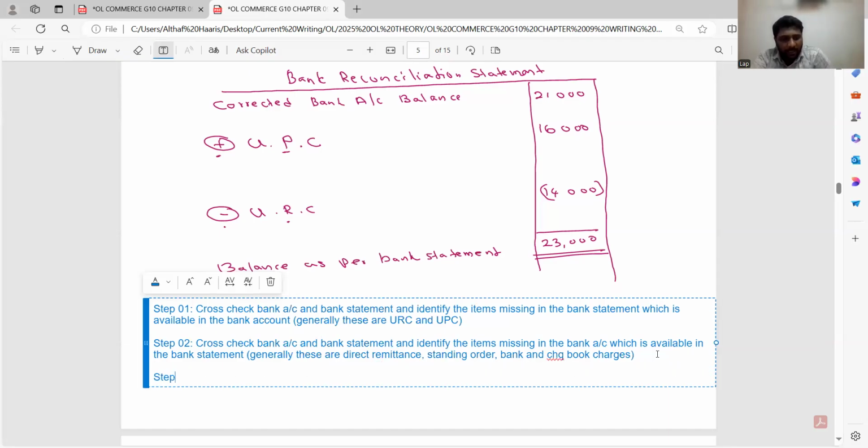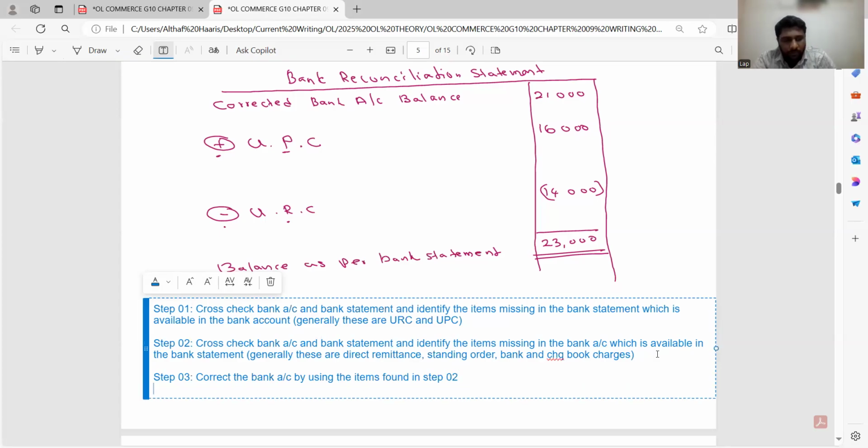Then step 3. Correct the bank account by using the items found in step 2. Step 4.